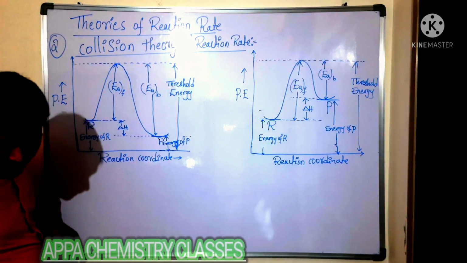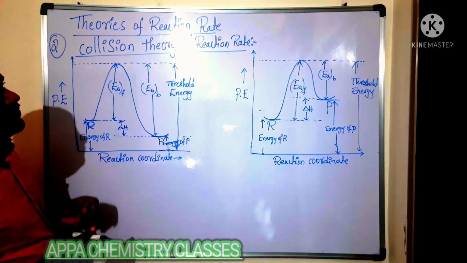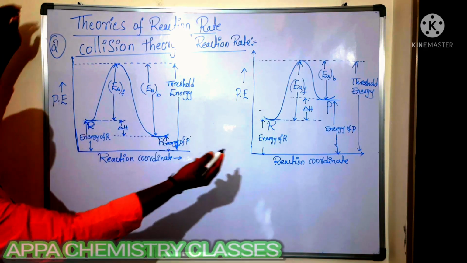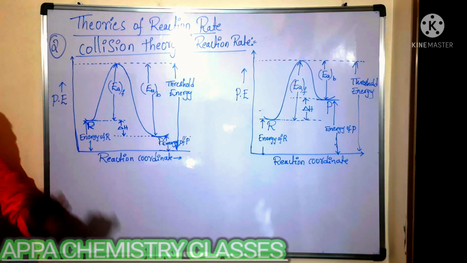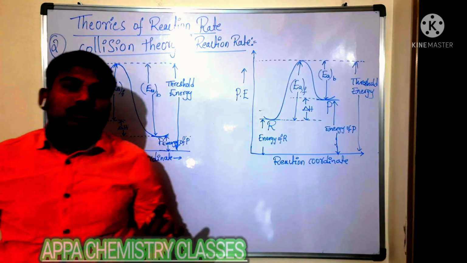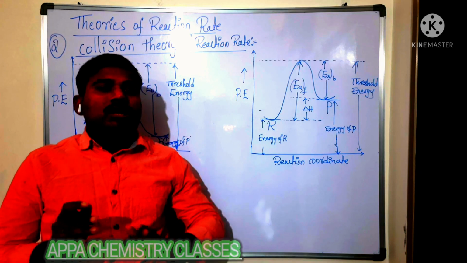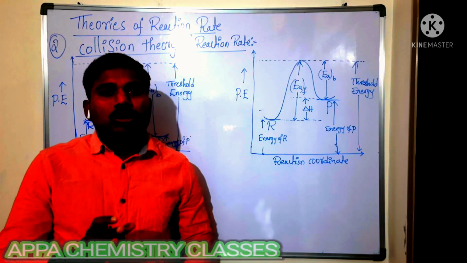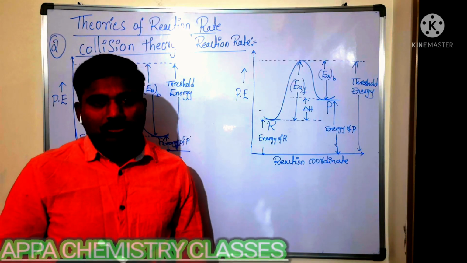Okay, now we are going to see the second theory of reaction rate, that is collision theory of reaction rate. According to this theory, the reacting molecules should cross two barriers to convert the reactant into product. Then only we'll get the proper amount of product.